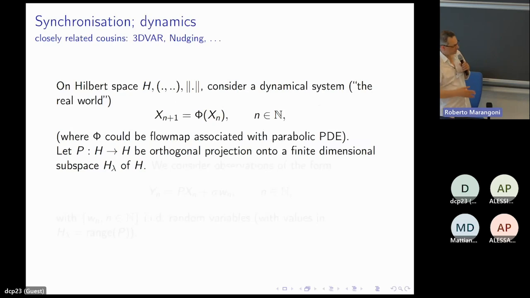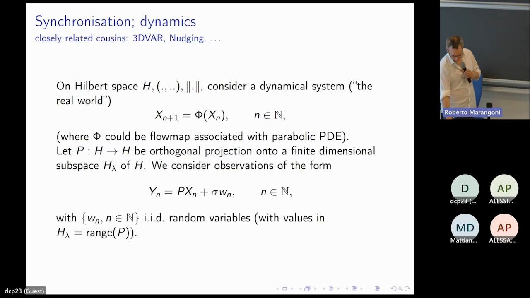And in terms of observations, I assume simply the following. I assume that I have a projection P onto a finite dimensional subspace of the state space. So you can think about observing a few dynamical modes, a few Fourier modes of your dynamics, which is evolving in this infinite dimensional Hilbert space. Okay, so these are the observations.